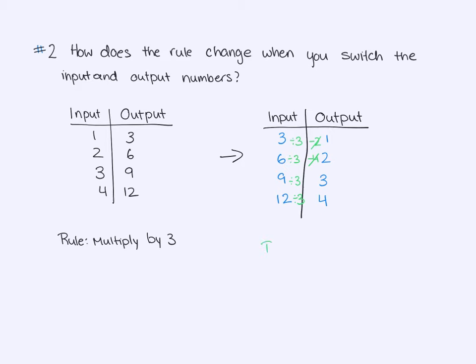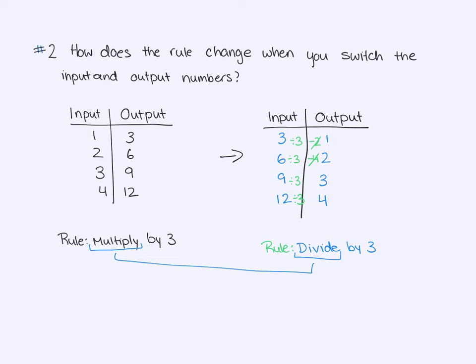Yes. So our rule would be divide by 3. Now, if we were to look at what the difference is between these two rules, the change is in the operation, multiply and divide.